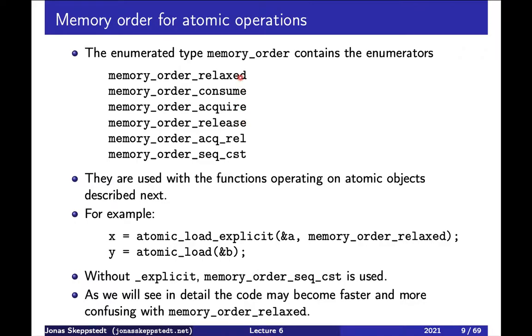So which memory orders can we specify? Relaxed, that is a normal data operation, unordered, and acquire is using the acquire operation from release consistency, and release operation, acquire release, that would be using weak ordering, and sequential consistency.